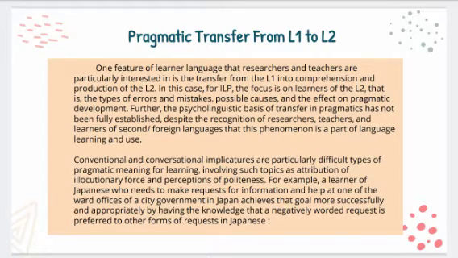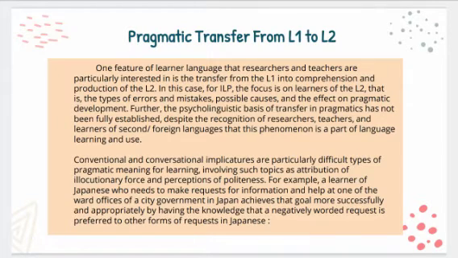Conventional and conversational implicatures are particularly difficult types of pragmatic meaning for learners, involving such things as topic and attribution of illocutionary force and perception of politeness. This is an example.